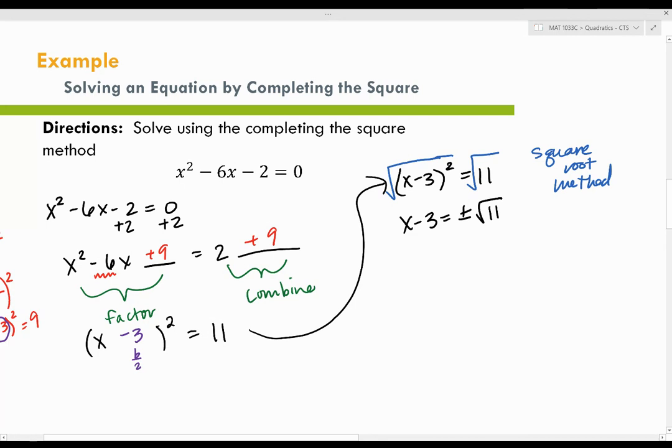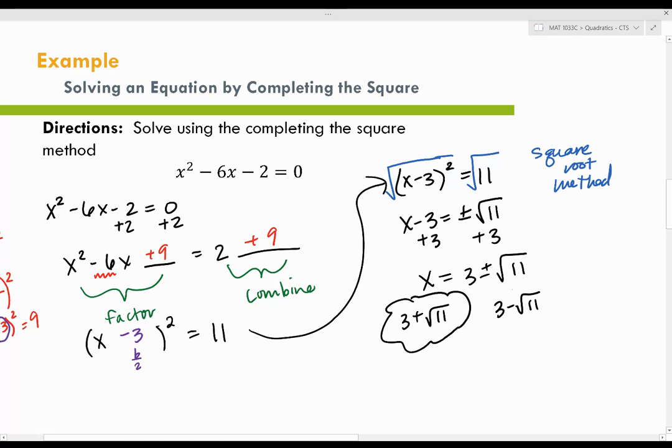Then we need to solve for x. So I'm going to add 3 to both sides. So x = 3 ± √11. And remember, that is two different answers. One of them is 3 + √11, and the other one is 3 − √11. And those are my answers.